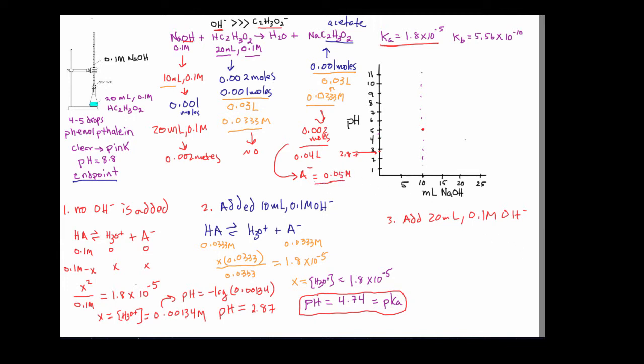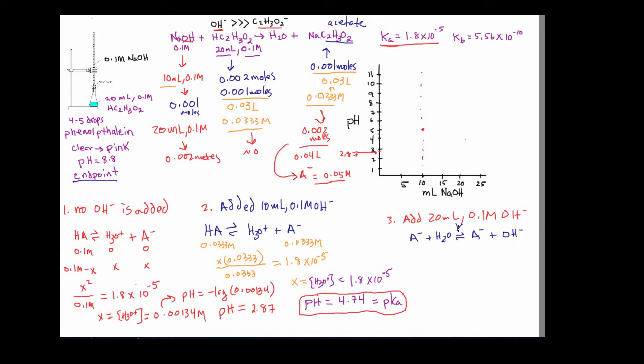Now, bringing that down, we have a different equilibrium at the equivalence point of this titration. So at the point where we have added enough hydroxide to eliminate the HA, we now have produced 100% A minus. It is the major species that we have in solution.